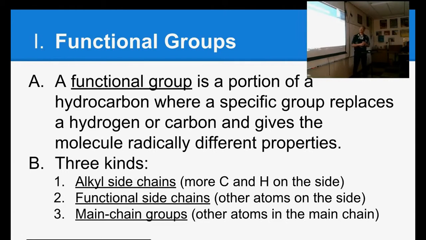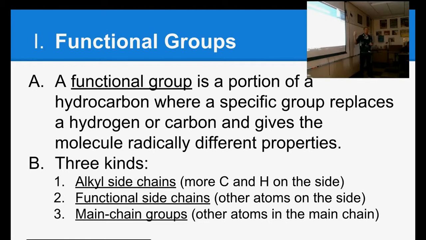Okay, so a functional group is a portion of a hydrocarbon molecule where a specific group replaces a hydrogen or carbon and gives the molecule radically different properties. So if you take a hydrogen off of a carbon and instead put an oxygen there, like an oxygen-hydrogen group, now you have an alcohol instead of a hydrocarbon, and that's what changes ethane, which is a volatile organic compound you could use as a cleaner or something like that, and turns it into ethanol, which is something that certain people put in their beverages.